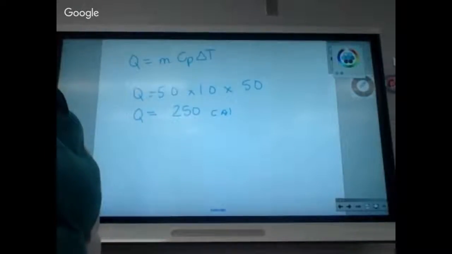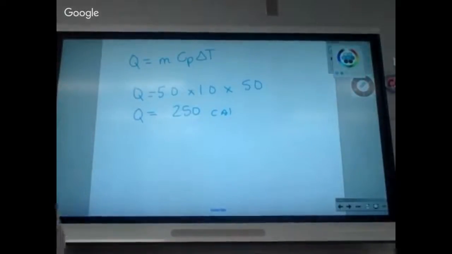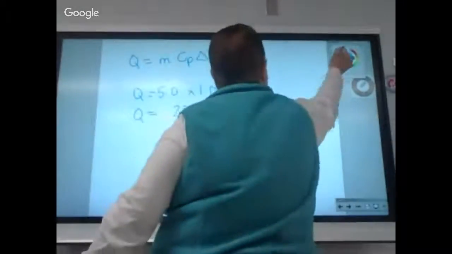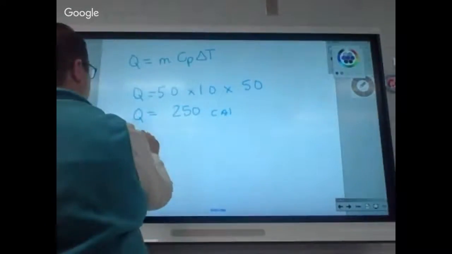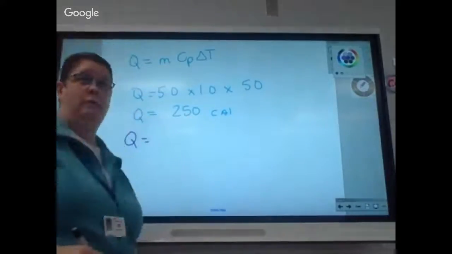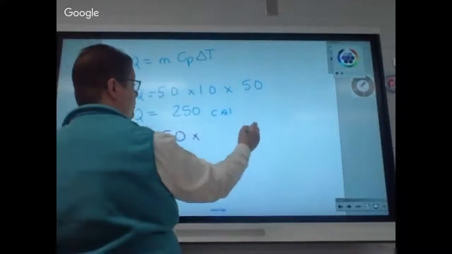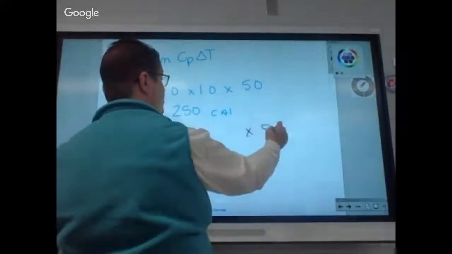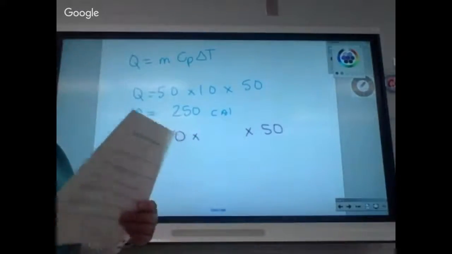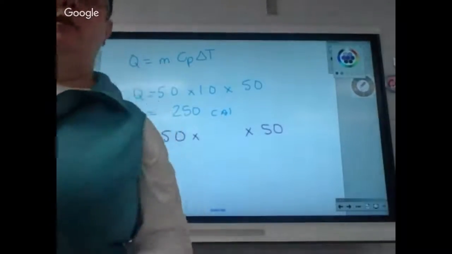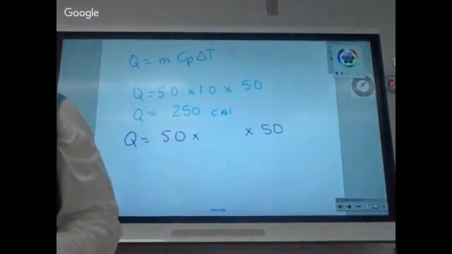All right, now the formula for number one. You're doing the same thing, so you're solving for heat. What's the mass in number one? The 5. What's the change in temperature? And what's the specific heat for water? Where's your blue sheet?